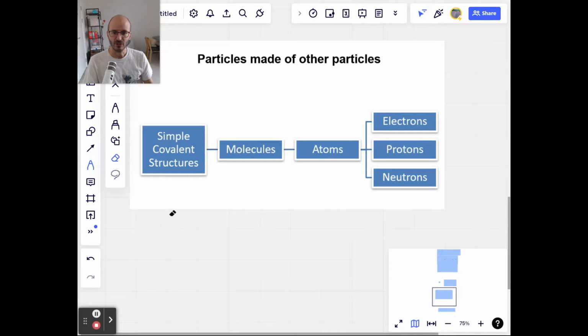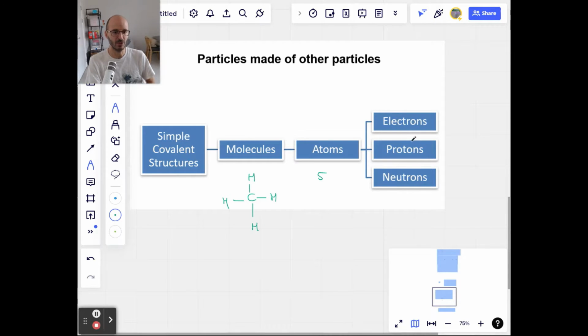So, when you have a simple covalent structure, let's say something like methane, then the relevant particle, the particle that applies to methane, is a molecule. Something like this, CH4, so 1 carbon, 4 hydrogens. And then this molecule of methane is made of 5 atoms, 1 of carbon, 4 of hydrogen, and each of these atoms has electrons, protons, and neutrons.